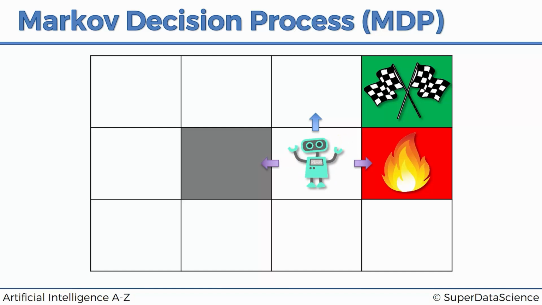So are there monsters on the right, or monsters on the left, or is the ghost coming from the top or the bottom? Whatever state you're in now, it doesn't matter how you got there. What will happen in the future is only determined by the state you're in now, plus the actions you will take, plus, of course, the randomness that is overlaid on top of that. So that's a Markov process.